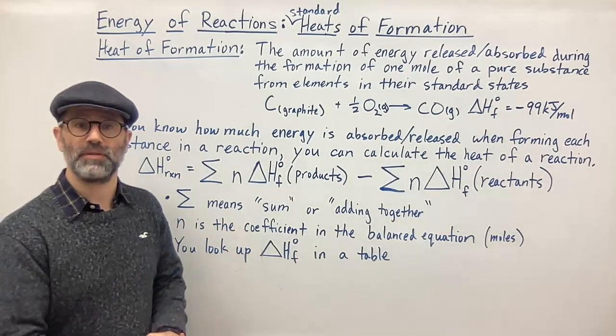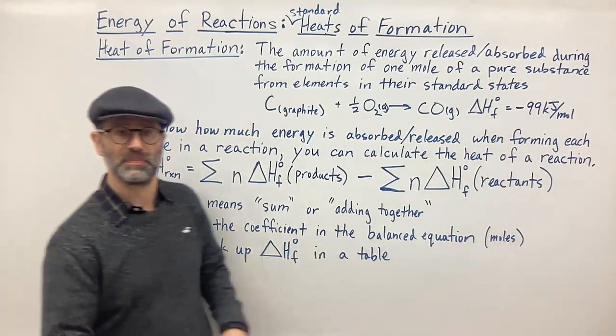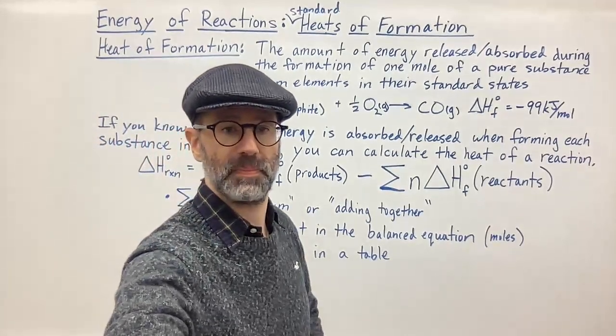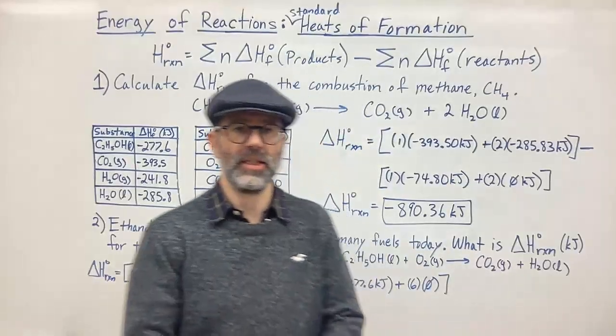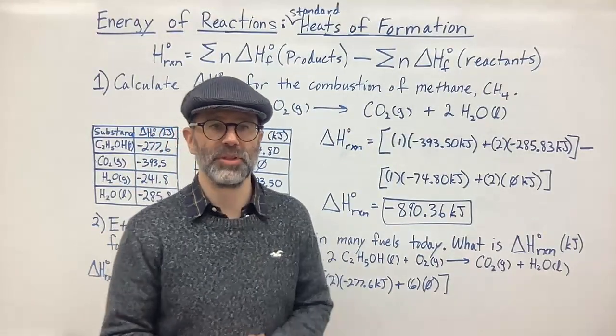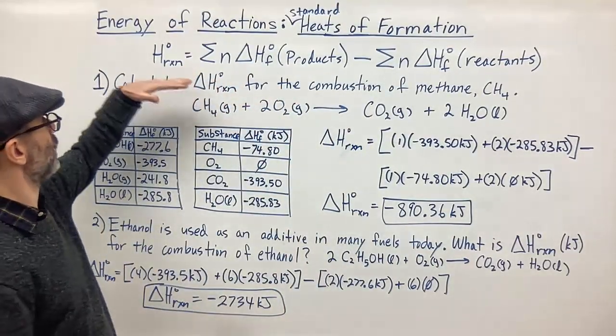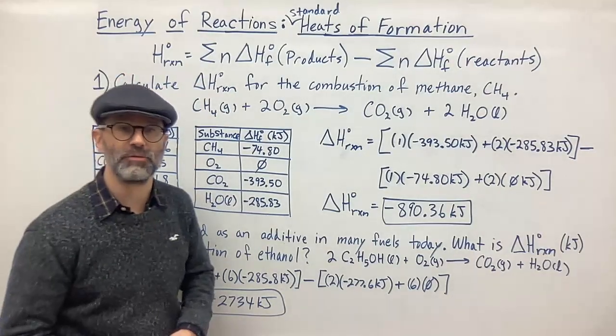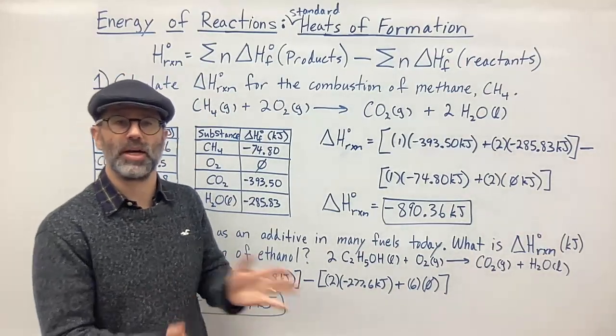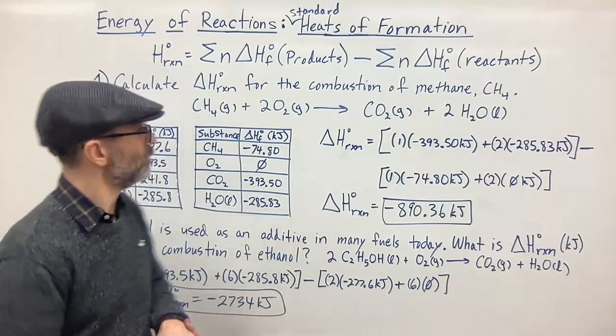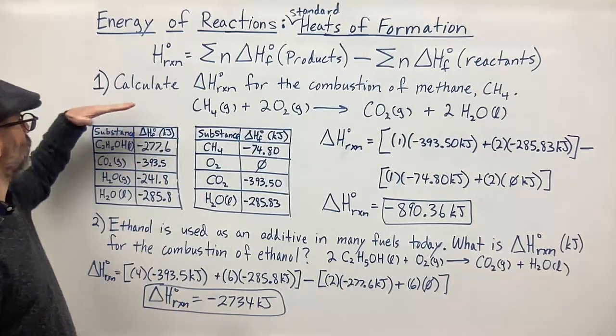So let's do a couple of examples to see how this works. Okay, let's go over a couple of examples. So here I have the equation for calculating the standard heat of a reaction from the heats of formation of products and reactants. And so let's look at question number one.